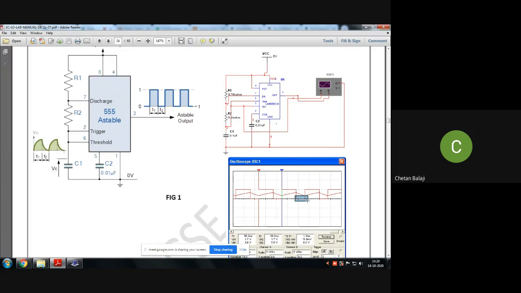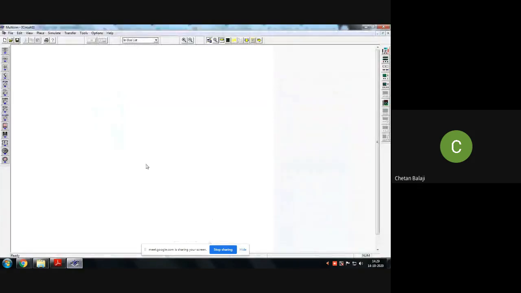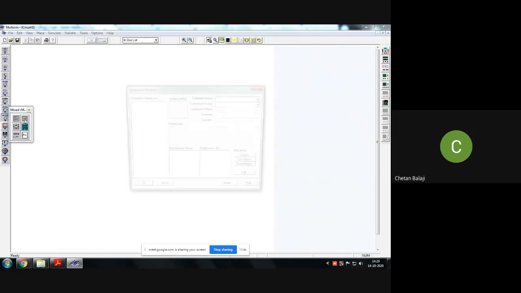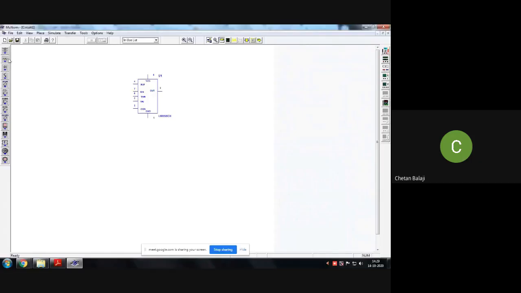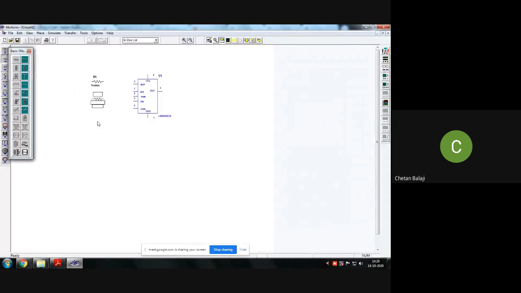Let me share this. I'll take up the 555 timer and show. You need two resistors, resistor number 1 and resistor number 2, and two capacitors, capacitor number 1 and capacitor number 2.